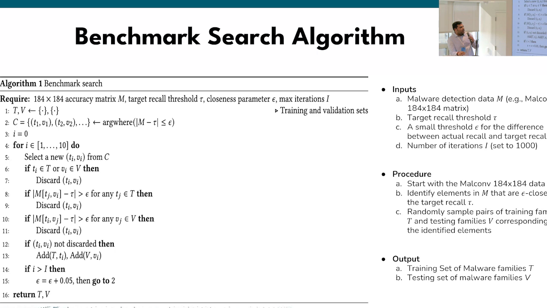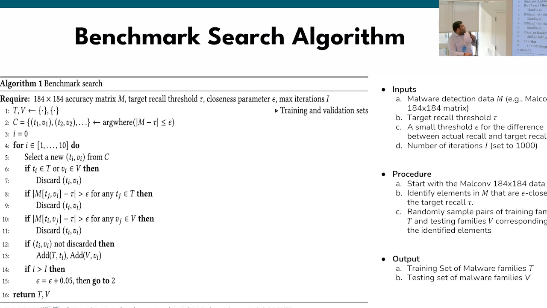We have a target recall threshold tau, which will identify how difficult the train test split of the data set we want. If we give a lower target recall, we will get a harder train test split. And if we give a higher recall value, we get an easy train test split.